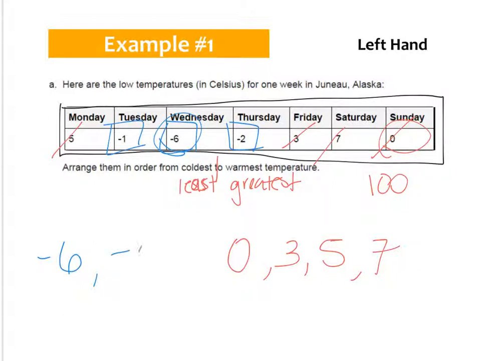So I'm going to put -2 next, and then -1. In a sense, when you go to the negative numbers, they're going backwards. Here it goes 0, 1, 2, 3, but the other way, it goes negative, or backwards: -1, -2, -3 on a number line. So in this case, our numbers are going to be backwards.